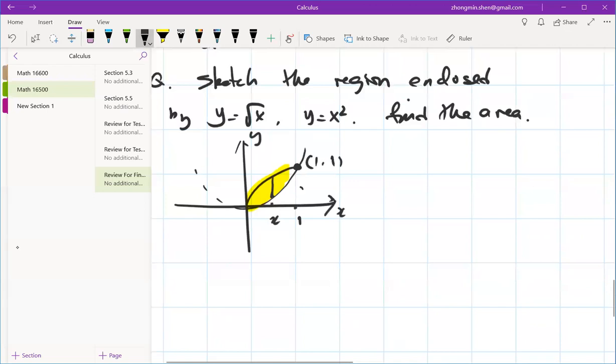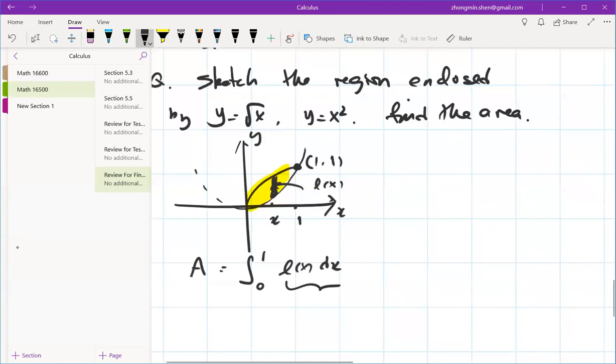So the length will be the top minus the bottom, and the area is going to be the integral from 0 to 1 of that length dx. What does the length times dx mean? It means the area of one small strip. The length times the width tells you the area of that strip. You add them together, that is the integral. Then you get the total area.